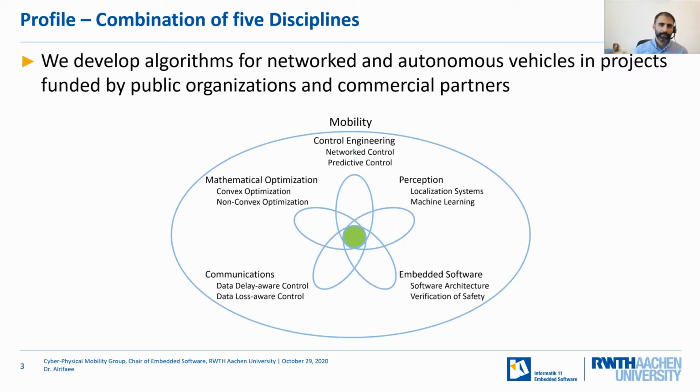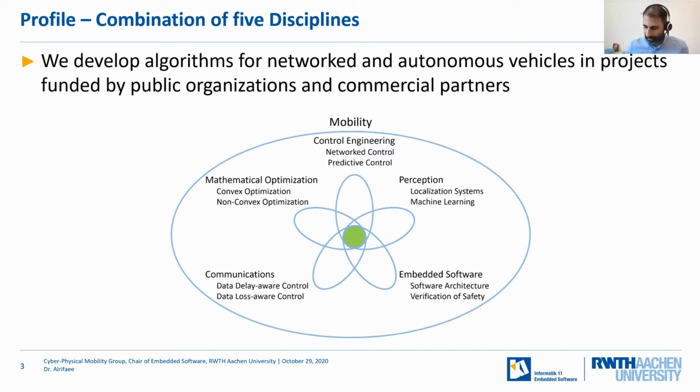You read here the word autonomous, and in the lecture you have read the word automated. During the lecture, you will learn also about the terms automated and autonomous. Our projects are funded by public organizations and commercial partners.